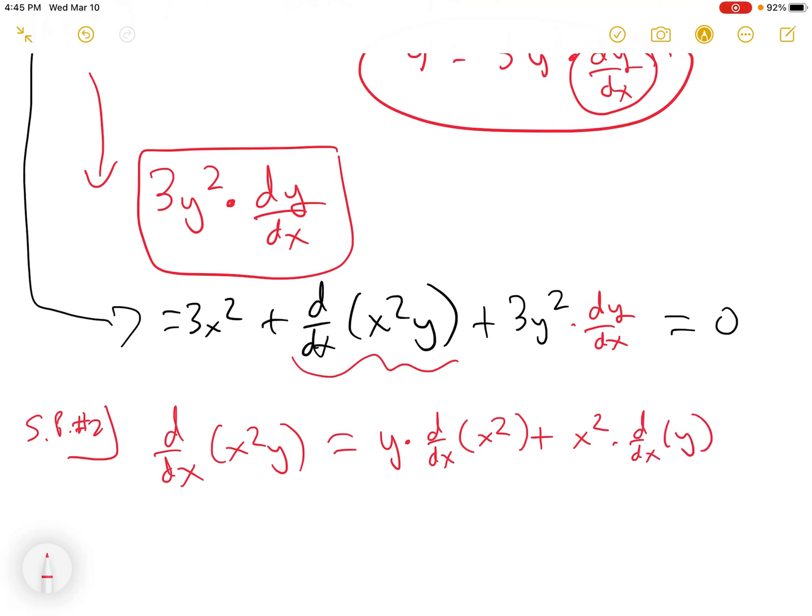All right? So this is y times 2x, and just like before, when you take the derivative with respect to y, you treat y as if it was an x, so you get a 1 times dy dx.